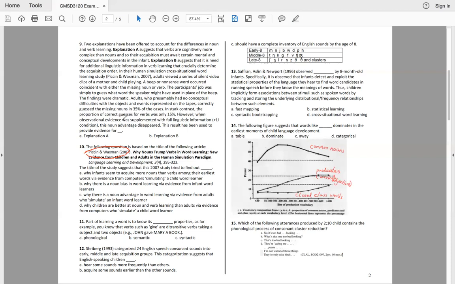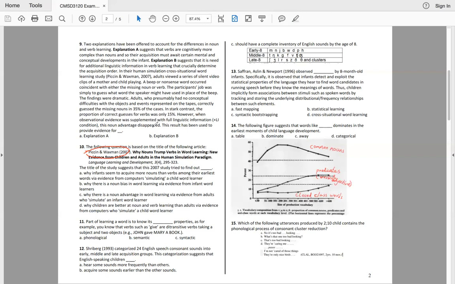However, when observational evidence was supplemented with full linguistic information, this noun advantage disappeared, which means when the adults have the help of the linguistic information in addition to the observable context, they are able to identify nouns and verbs in a similar fashion.